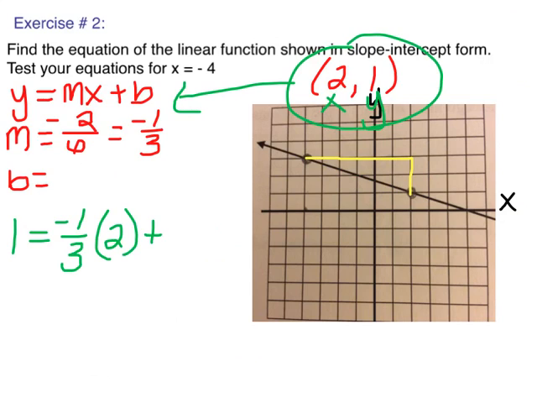And the only thing I don't know now is my b, so plus b. Now we're going to go ahead and continue doing some math. Negative 1/3 times 2 is going to give me negative 2/3 plus b. And then I'm going to add 2/3 to both sides.